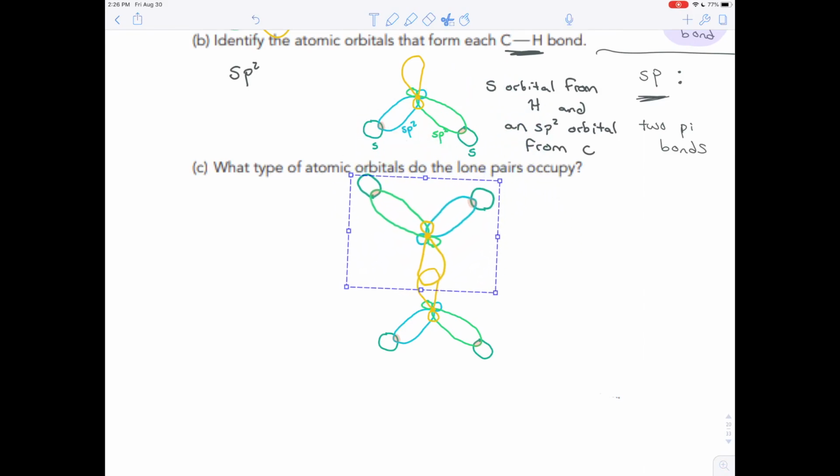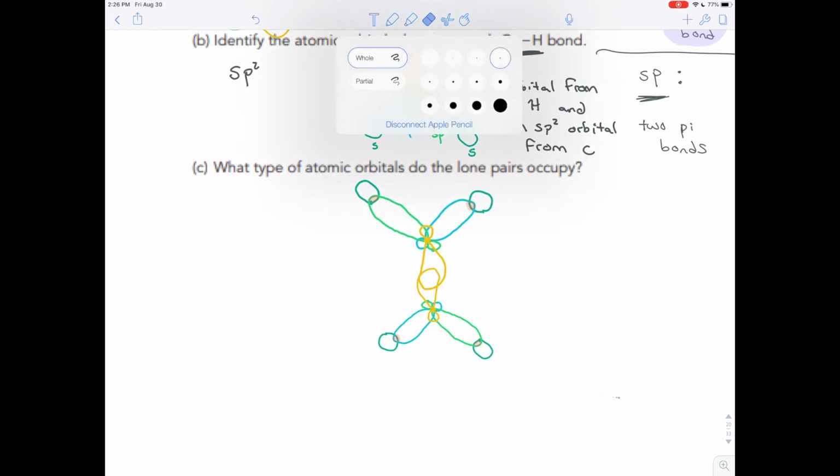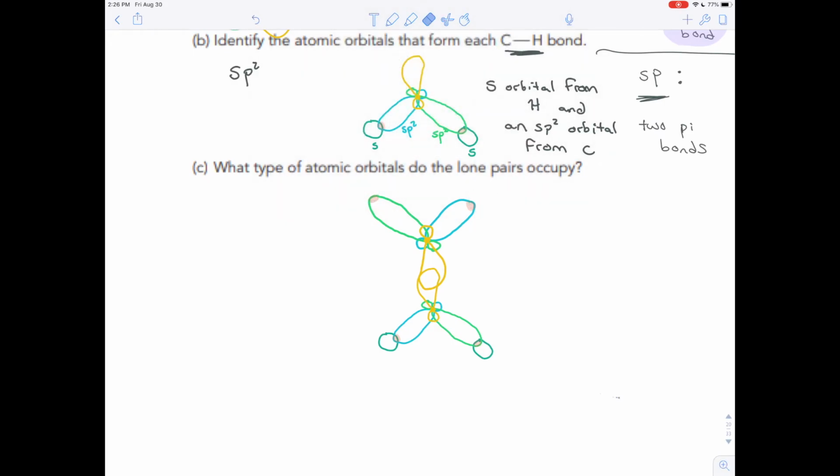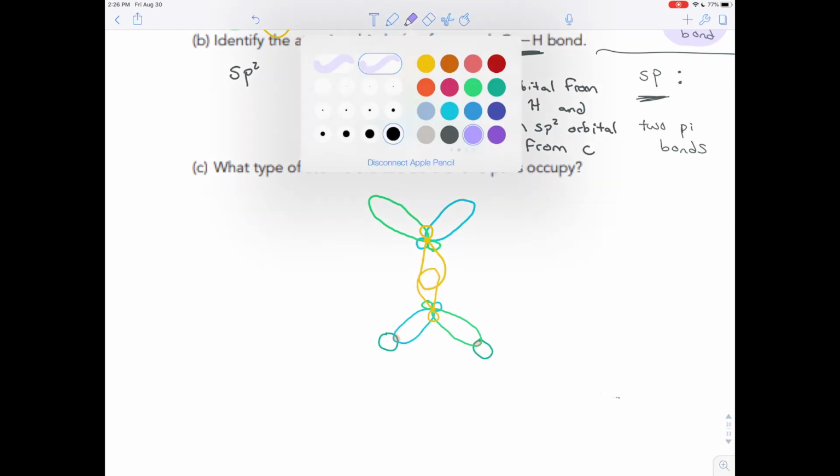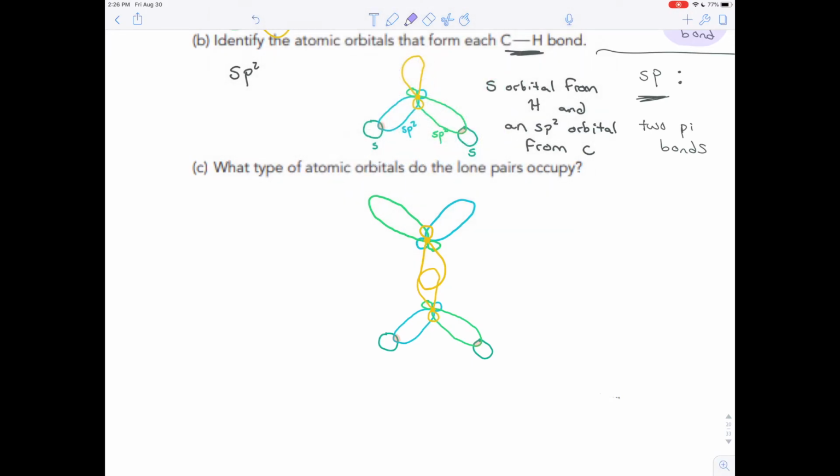Let's flip this around. Of course, it won't have the hydrogens, the s orbitals from the hydrogens, and it won't have those bonds. But it will still have those three sp2 orbitals where they overlap with the sp2 orbitals from the carbon. You get the sigma bond there.